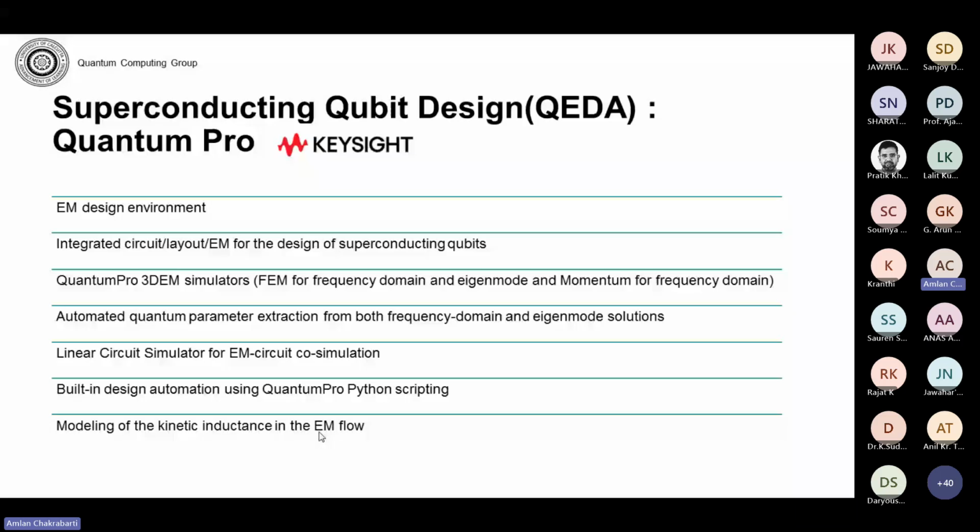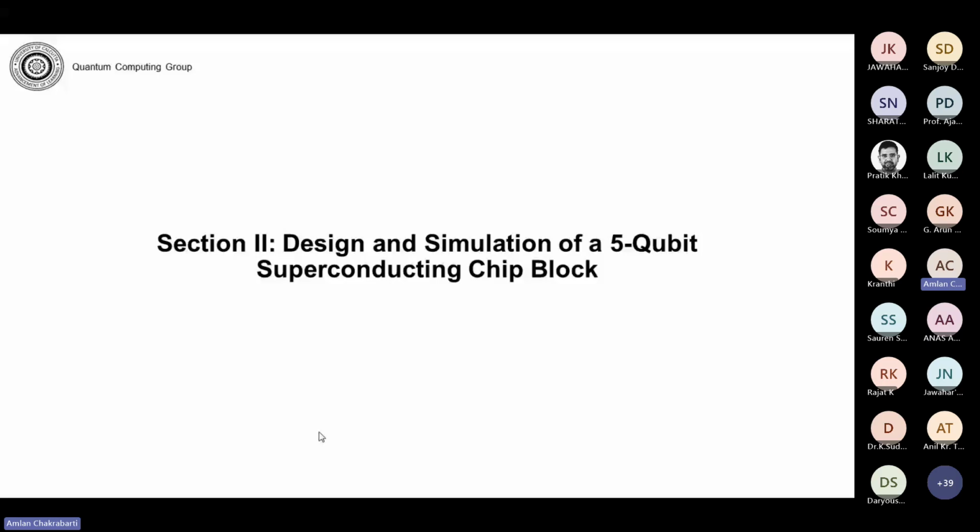So being a researcher, being an engineer trying to look into quantum computing, this knowledge of simulation and extraction is very important, and we found it very good. Now it's over to Uday, who will be describing the simulations we have done till now in our lab, and we are in the process of doing further complex designs pretty soon. So thank you all, and now it's over to Uday.